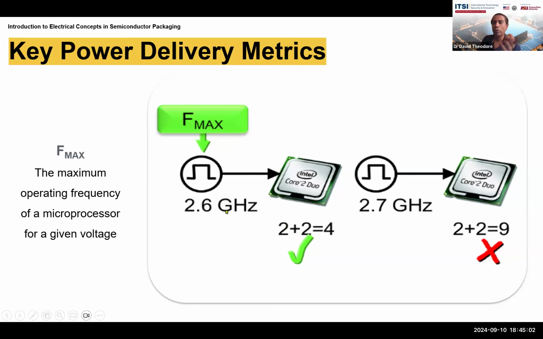However, if you try to overclock the chip, or for some reason the chip starts overclocking, instead of operating at 2.6 it starts operating at 2.7 gigahertz. All of a sudden, the signals, the zeros and the ones that are traveling through the core logic, start piling up.